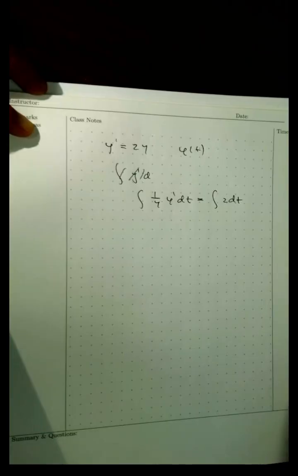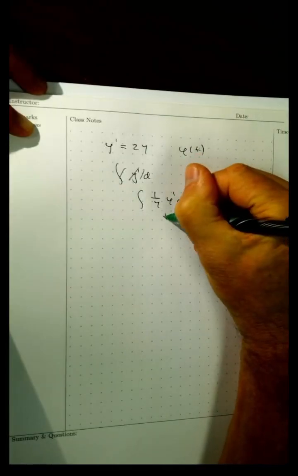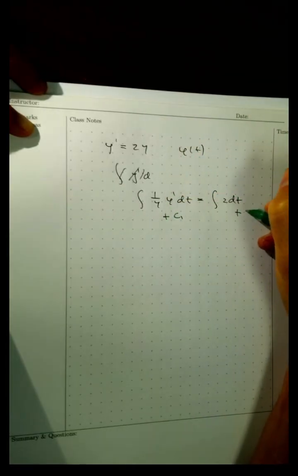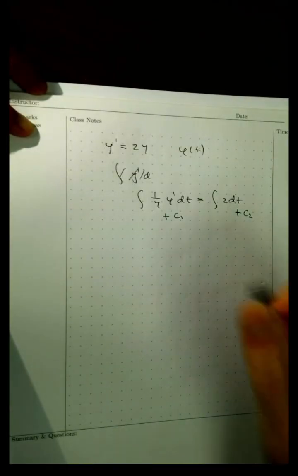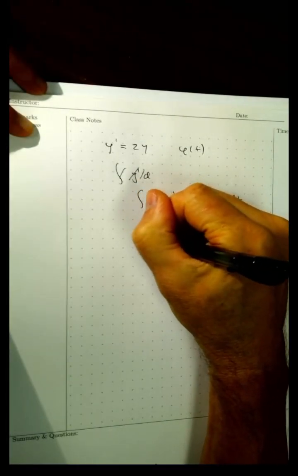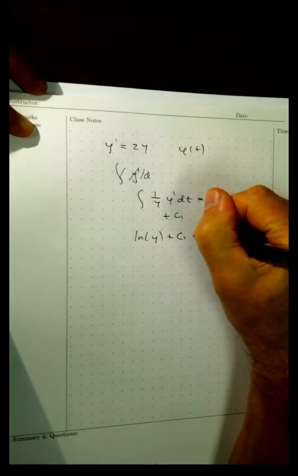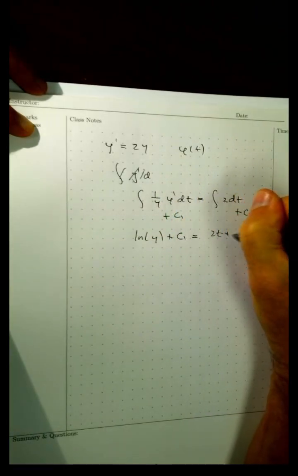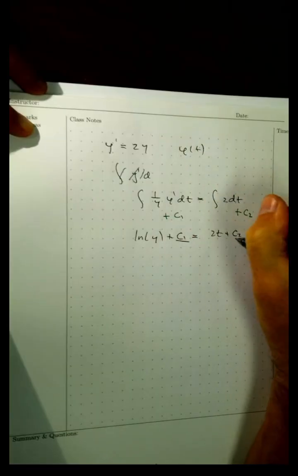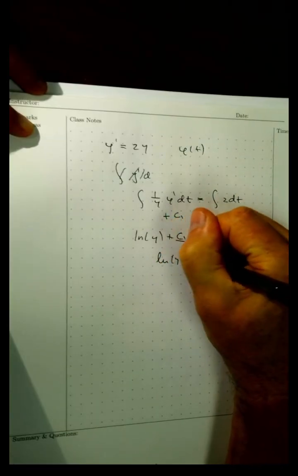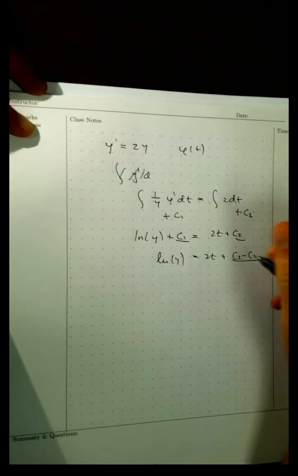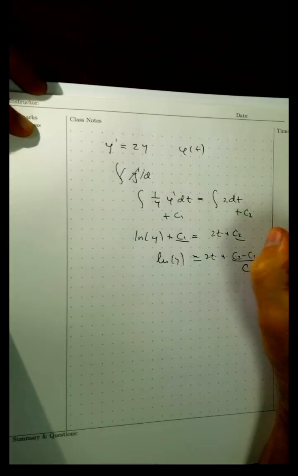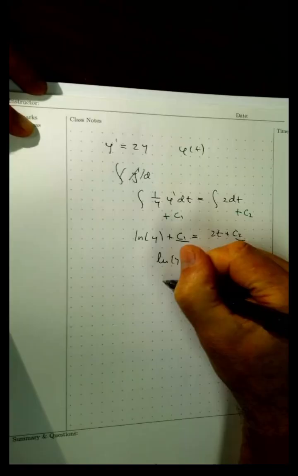When I did the antiderivative at this step, after I did the antiderivatives, I had the constants here, and I ended up with log of y plus c1 is 2t plus c2. And I kind of worked behind the scenes here to subtract those two constants, and I just called that c.